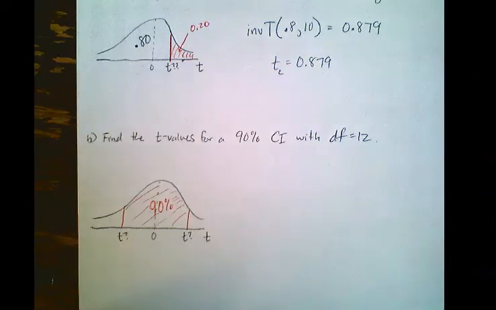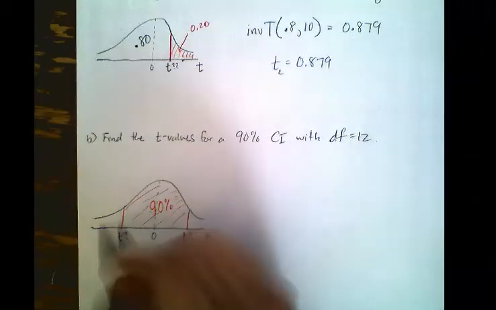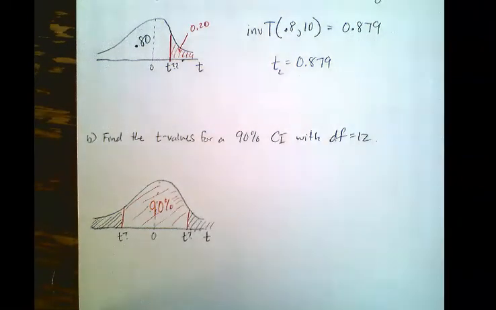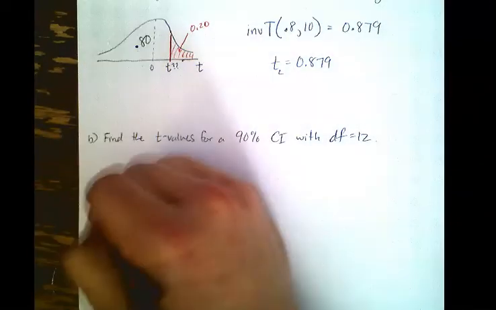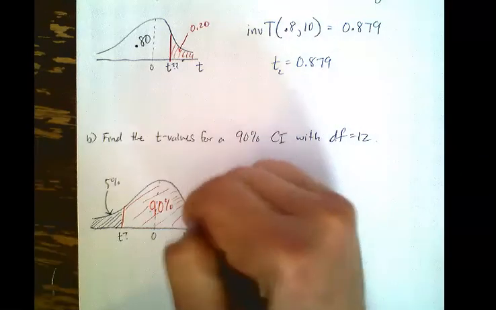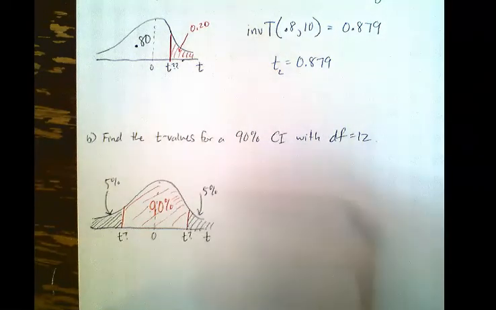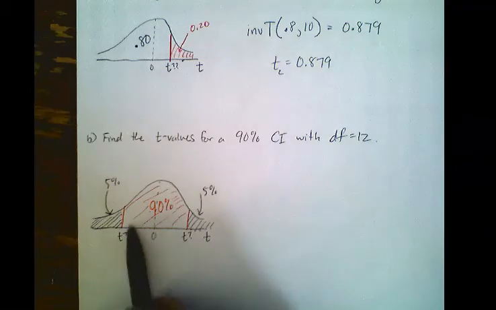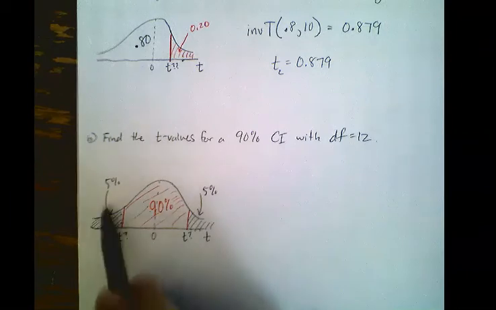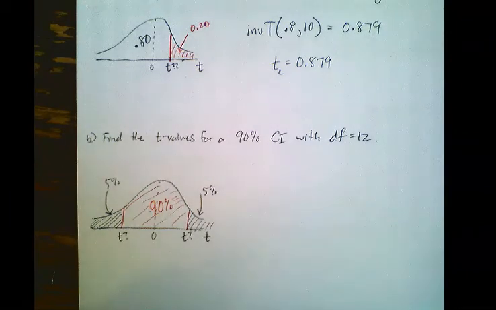What are these values here and here? Well, we can do the same kind of analysis. We need the area in the left and right tail. So here we have 5%, and here we have 5% as well. Okay? So again, if 90% is between the two, 10% is captured in both tails, therefore 5% is in each.